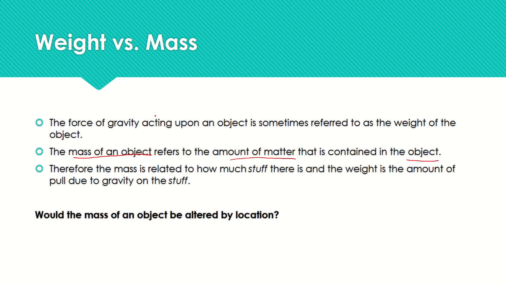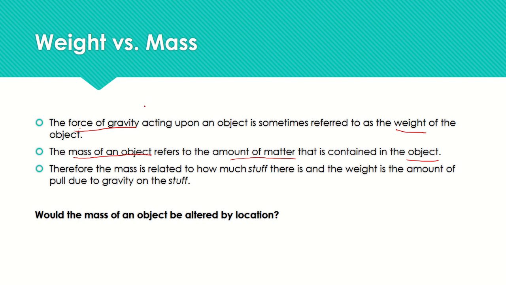And weight is actually a force. Weight is a force, and it is the force due to gravity. So gravity applies a force on another mass, and we refer to the force due to gravity as weight.